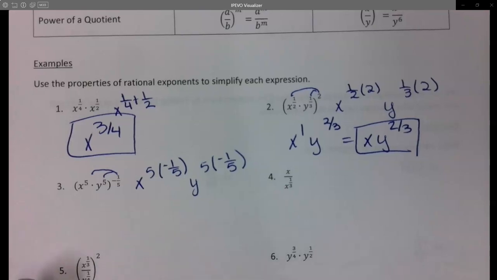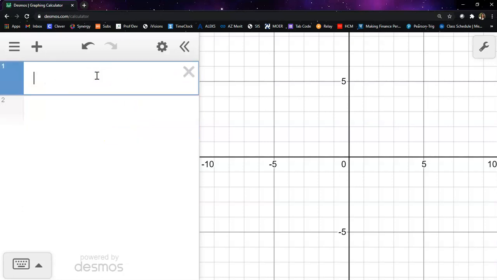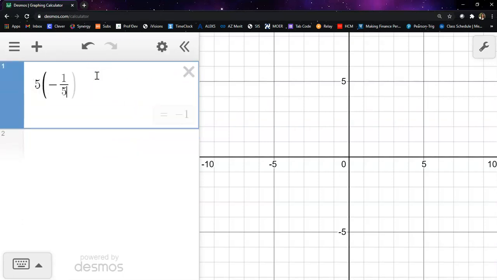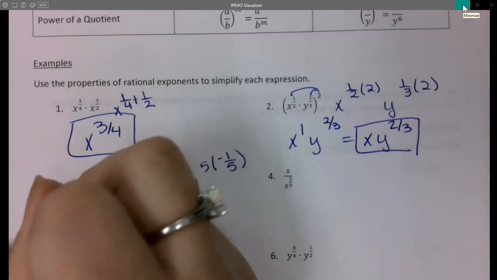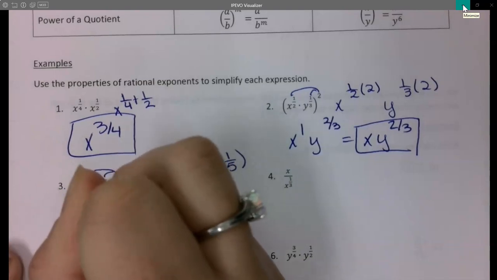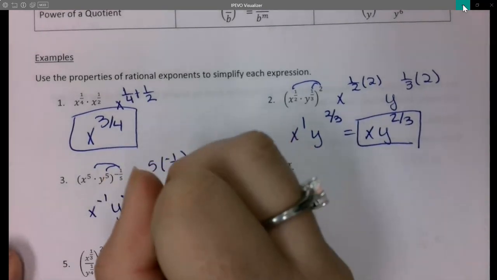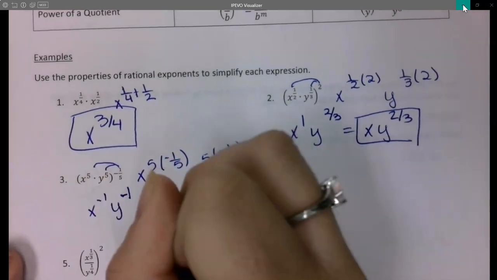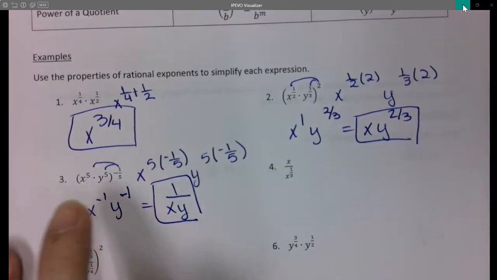I can go to Desmos and multiply 5 by negative 1/5, which gets me negative 1. So both x and y are going to have negative 1 as their exponents. Okay. So what I can do is I write 1 on top of a fraction as a placeholder, and then I'm going to have x and y move to the bottom because both of those had negative exponents.